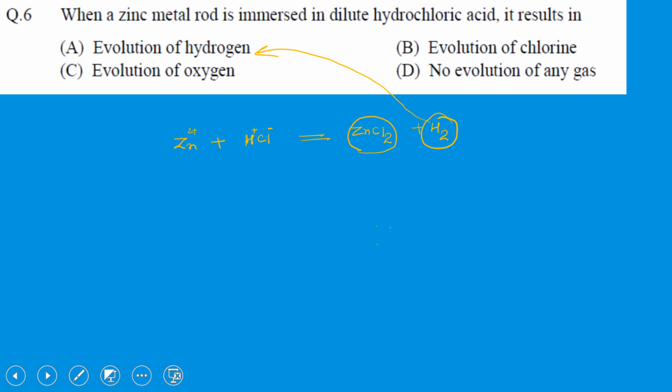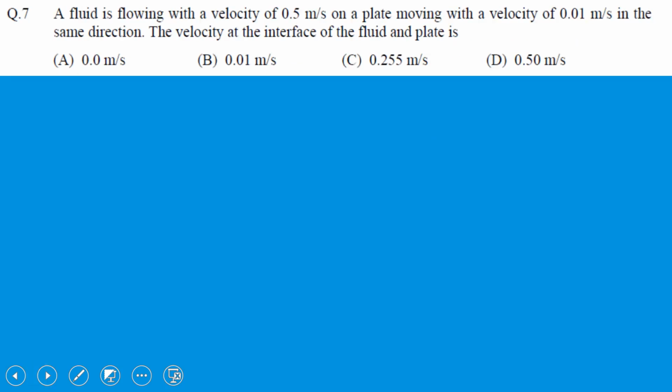Now let us move to question 7. A fluid is flowing with a velocity of 0.5 meter per second on a plane moving with a velocity of 0.01 meter per second in that same direction. So it is moving on a certain plane.